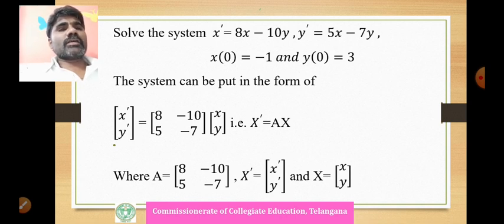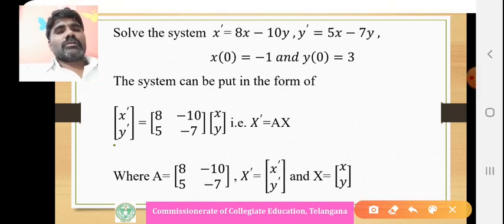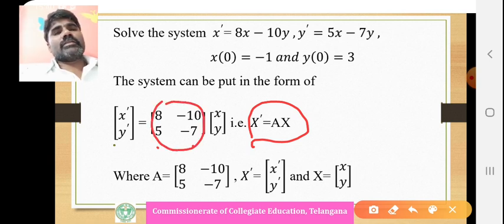Now this system can be put in the form [x' y'] equals [8 -10; 5 -7] [x y], that is x' equals Ax. This is known as a homogeneous system of differential equations, where A is this matrix, x' is this vector and x is this vector.